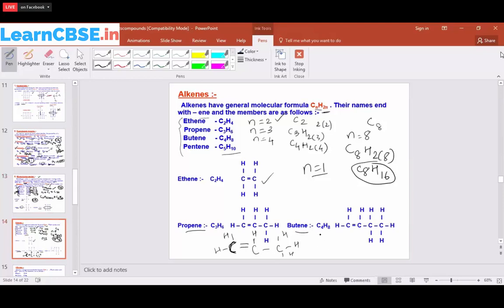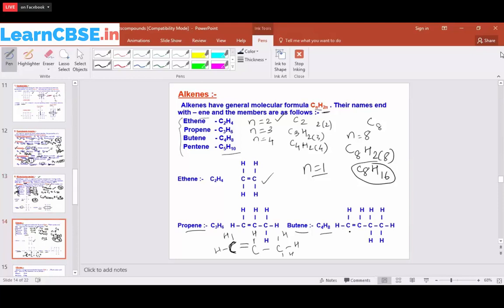Butene. The butene formula is C4H8. C4 means 1, 2, 3, 4, so the 4 carbon atoms we write in a straight chain. The double bond we write over here. Now this carbon has 2 bonds here, the third bond with one hydrogen, and the fourth bond with another hydrogen.